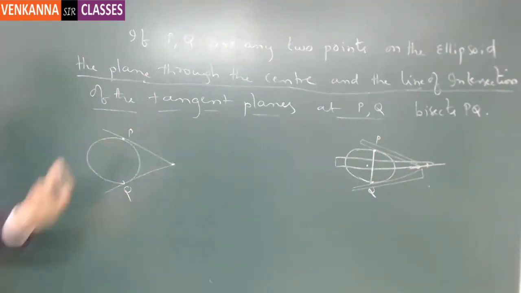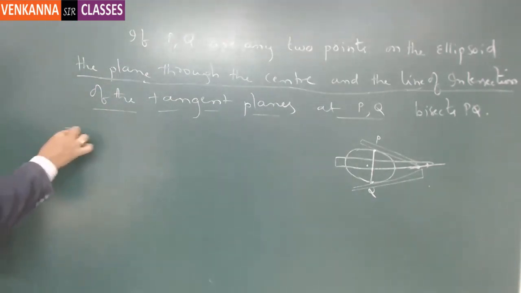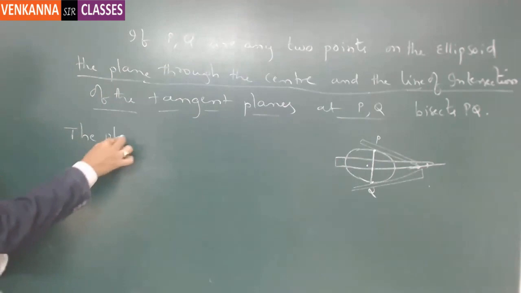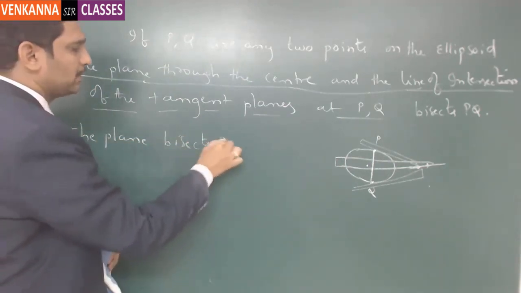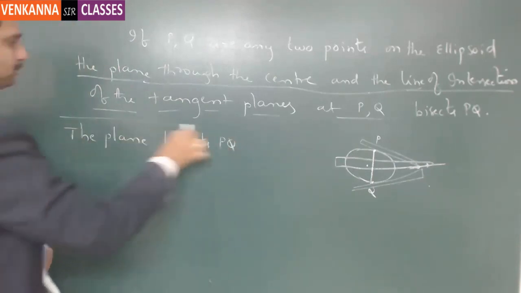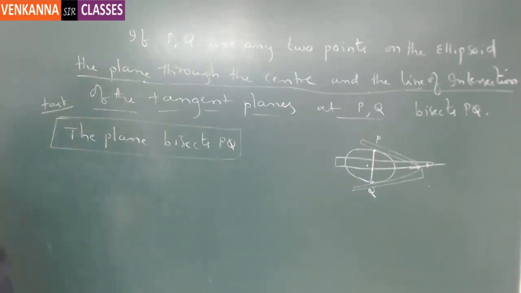So the thing we need to understand here is the plane what you are calculating, it bisects PQ. This is our task. We have to show that. Okay, now the overall idea behind the problem, please say.